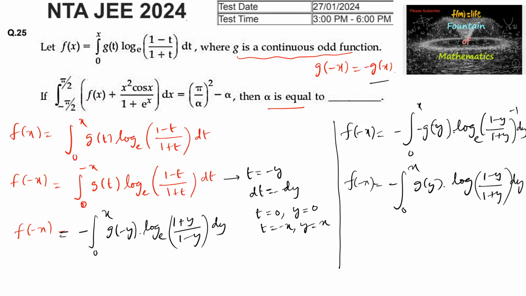This is f of negative x, and it's very clear that minus integral 0 to x g(y) log of (1 minus y) divided by (1 plus y) dy is the same as f of x by changing the variable. So we can write minus f of x. So we can conclude that f is an odd function.